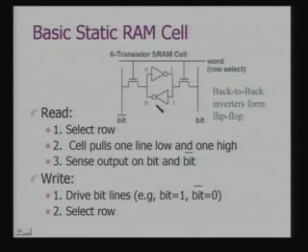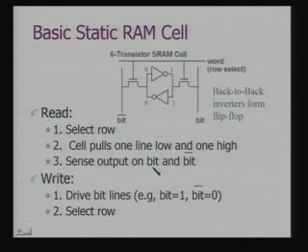So, when you read data, you select the row. So, this is your select word or row select line. Selecting the row means effectively you are activating these transistors, and you sense this bit bar and bit line. These two lines are actually fed to what we call a sense amplifier. So, the difference in their currents is actually sensed to read the data.